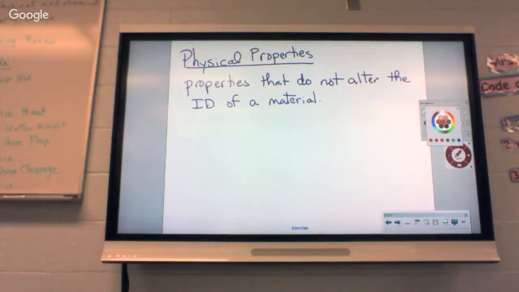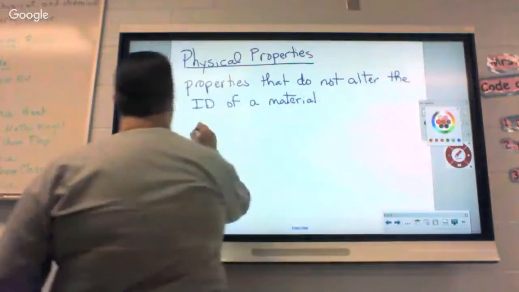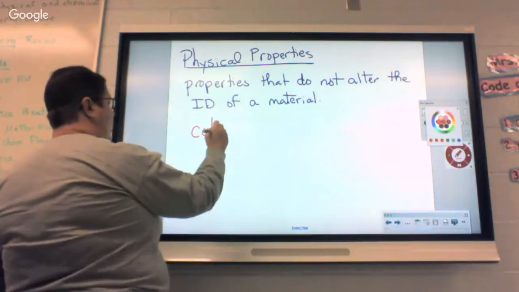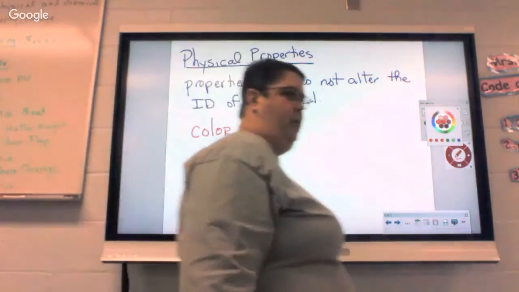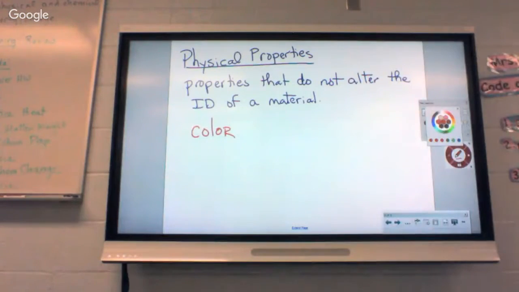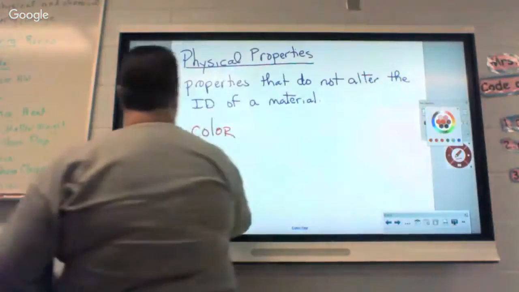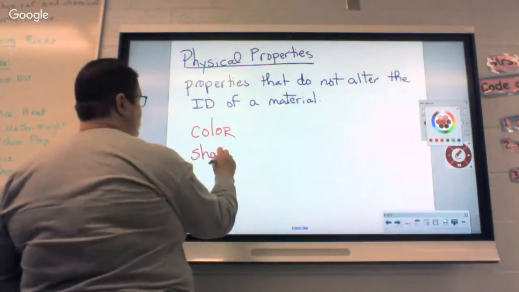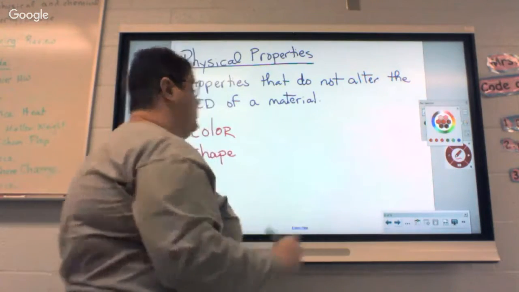What properties can you give me to describe my desk other than there's stuff on it? Color. All right, color is good. Color is a physical property of my desk. What else can you give me to describe my desk? The shape. Okay. The material it's made of. Sure.